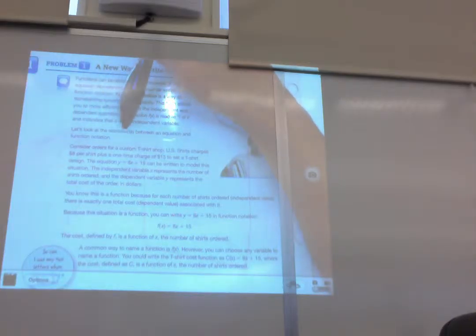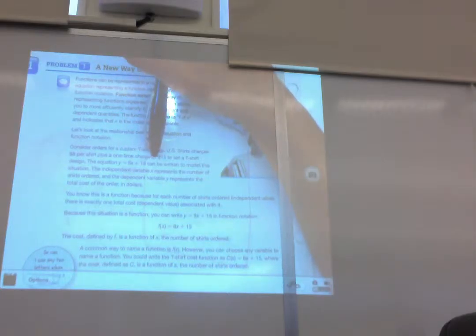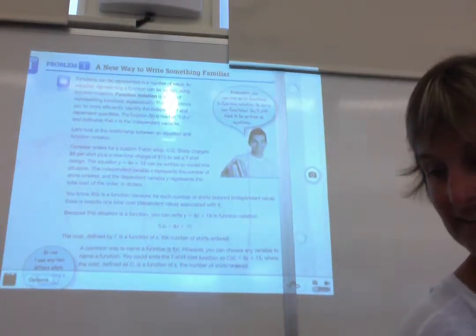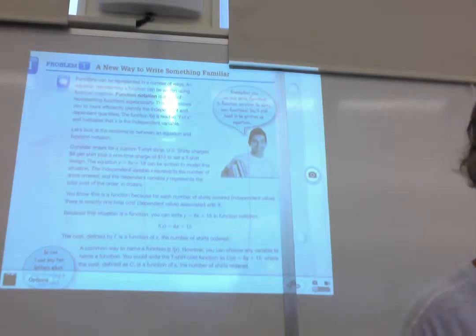Let's look at the relationship between an equation and function notation. Consider orders for a custom t-shirt shop. U.S. Shirts charges $8 per shirt, plus a one-time charge of $15 to set a t-shirt design. The equation y equals 8x plus 15 can be written to model this situation.